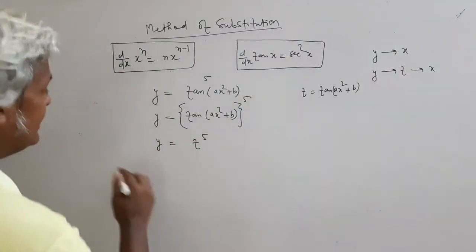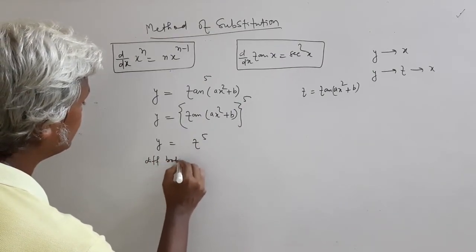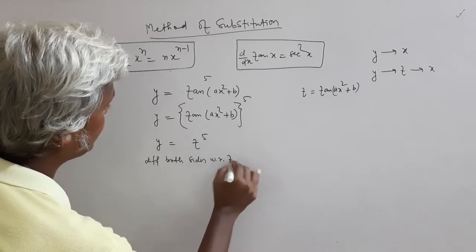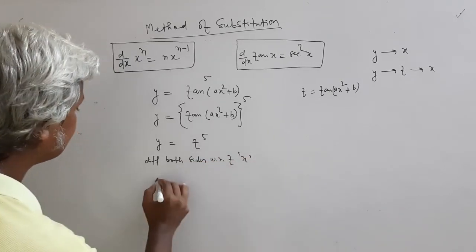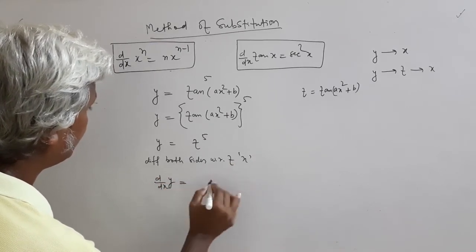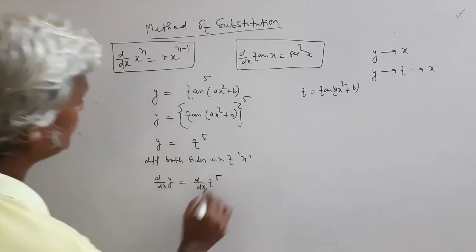Here we'll write, differentiating both sides with respect to x, d by dx of y is d by dx of t to the power 5.